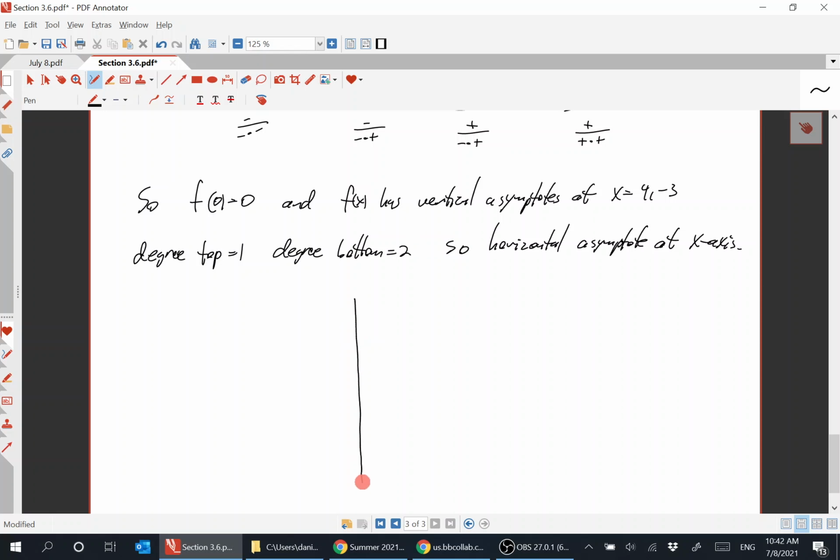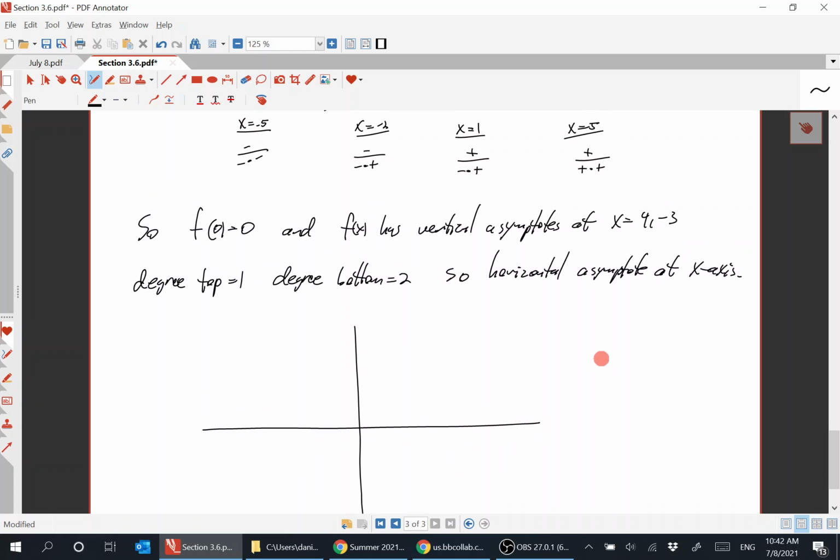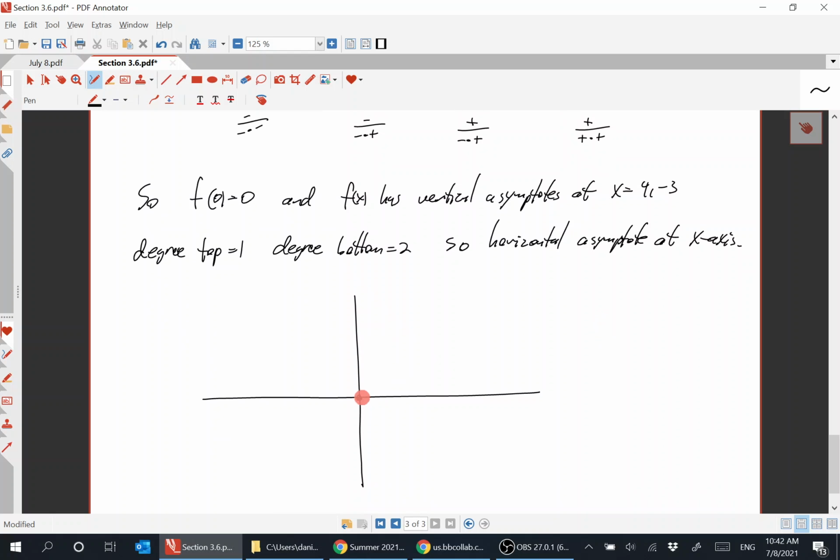So vertical asymptotes at 4 and negative 3, horizontal asymptote on the x-axis itself, and then we cross the x-axis at x equal to 0. So 1, 2, 3, we'll say right here. 1, 2, 3, 4, we'll say right here.